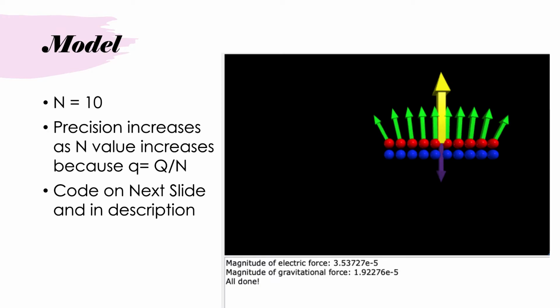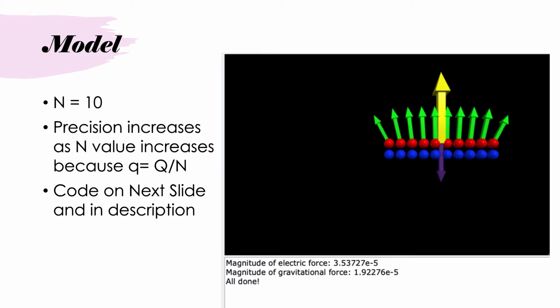The model on the right represents how we calculated the magnitude of electrical force for Lab 2. The red balls represent the top tape and the blue balls represent the bottom tape. The green arrows show the forces of the bottom tape acting upon each section of the top tape.